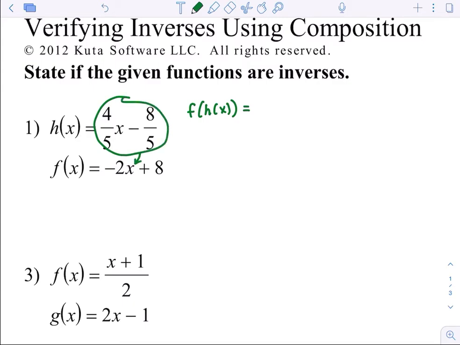So we're going to get -2 in parentheses 4/5 x minus 8/5, plus 8.